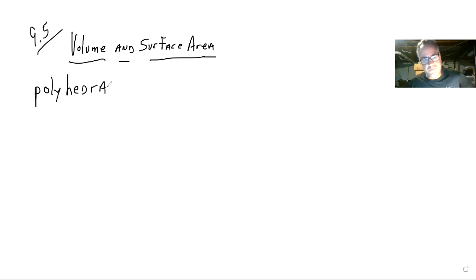So polyhedra are space figures, but the deal is the sides are made up of polygons, which we have been studying.